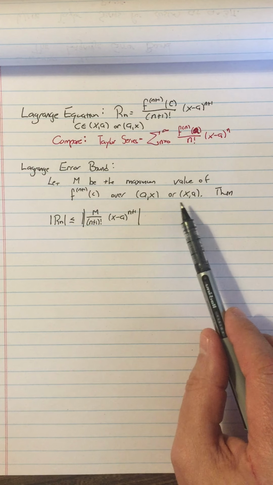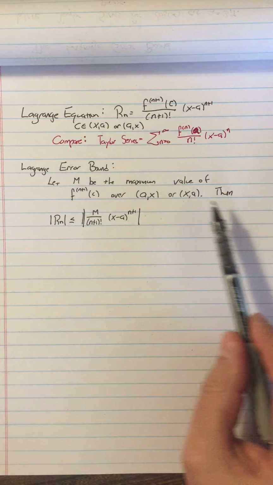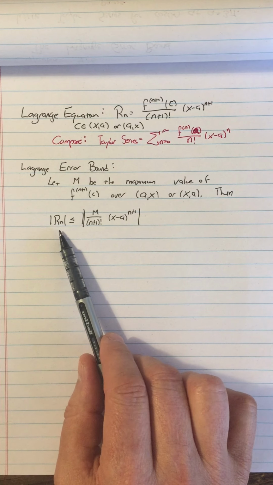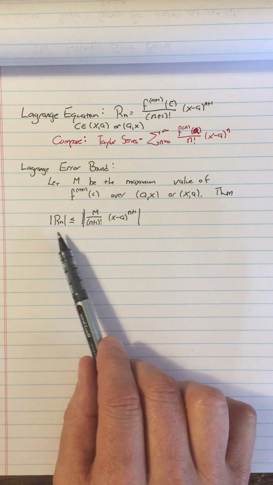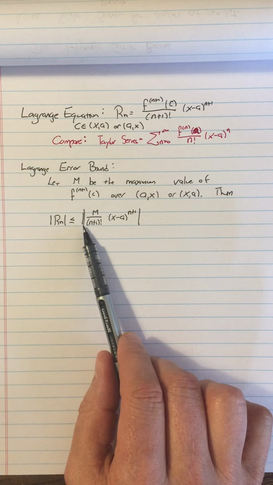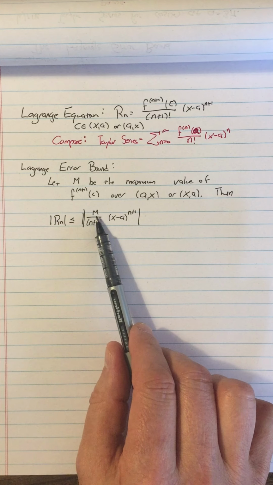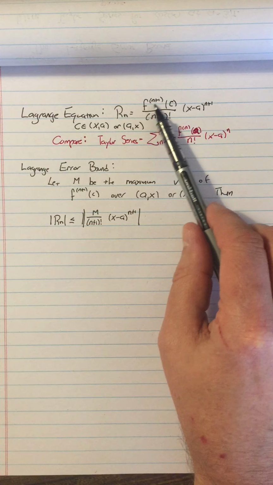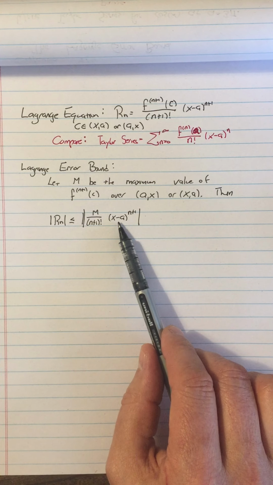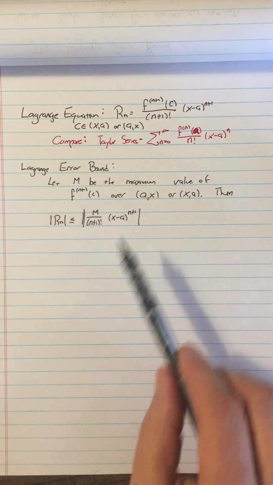Again, some books say between x and a, avoiding that problem. Then the absolute value of the remainder, because now we don't know whether the remainder is positive or negative, is less than or equal to the absolute value of that maximum of the n plus first derivative over n plus 1 factorial times x minus a to the n plus 1, which is just the rest of the same stuff.